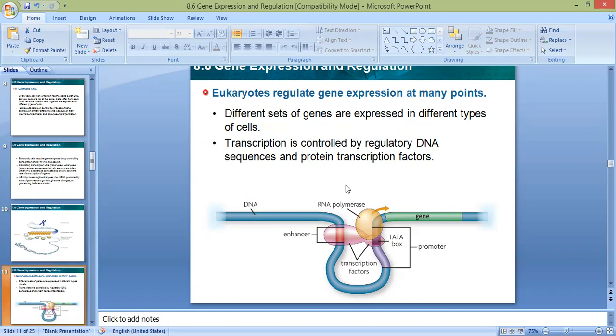As we learned, the cells have the same genes, but the genes that are expressed are different in different types of cells. Now, how is transcription controlled in the eukaryotic cell? By two things. First, regulatory DNA sequences, which are parts of the DNA that regulate the transcription, and the protein transcription factors.